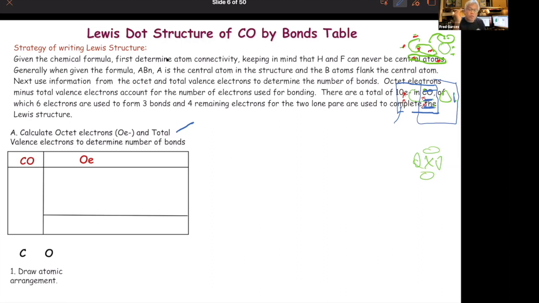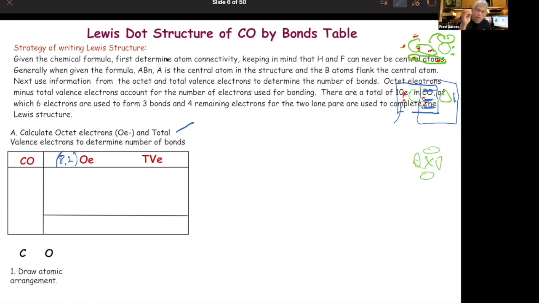So it's a simple thing to remember, but you guys are going to forget. It's always 8 or 2. This can only be 8 or 2. That's the octet electron. And then there's something called the total valence electron, and that's based on the periodic table.